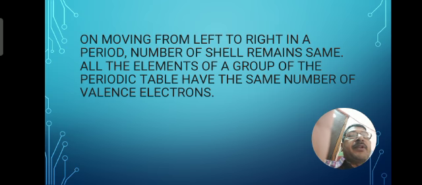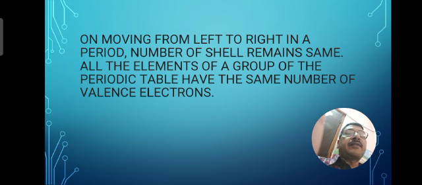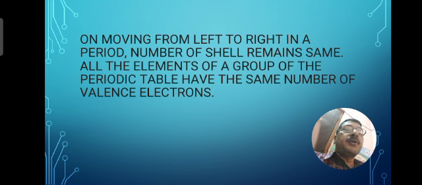All the elements of a group have the same number of what? Valence electrons. In the case of a group, valence electrons remain the same. In the case of a period, the valence electrons increase by 1.